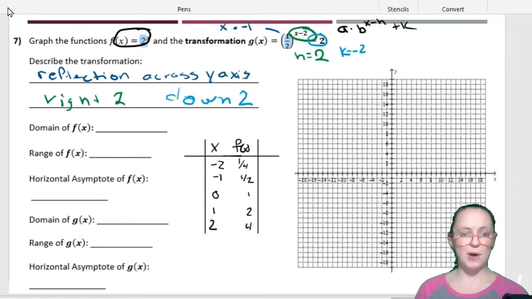And don't forget about our asymptote over here at y equals 0. So we've got that horizontal line that our graph's not going to touch for our parent function. And then we've got our points here: -2, 1/4; -1, 1/2; 0, 1; 1, 2; and 2, 4. This is our parent function, something like this.